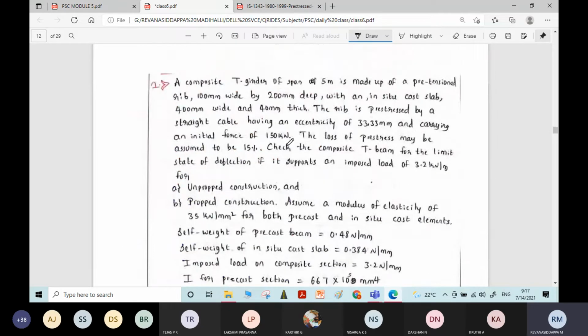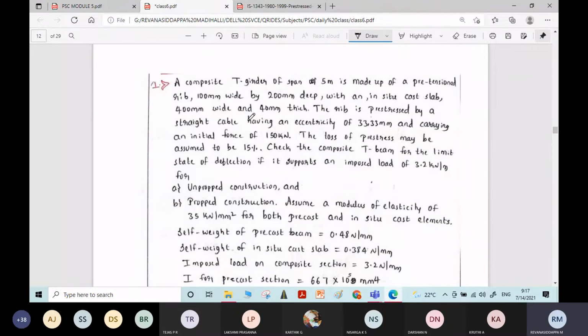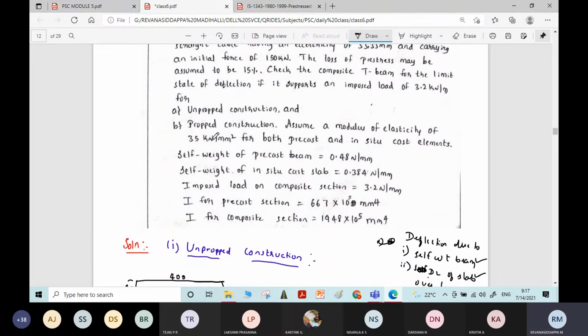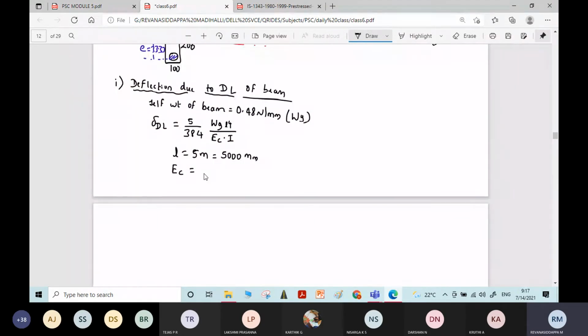It is given as 35 kilonewton per mm square. Ec is equal to 35 kilonewton per mm square, which is 35 into 10 power 3 Newton per mm square.